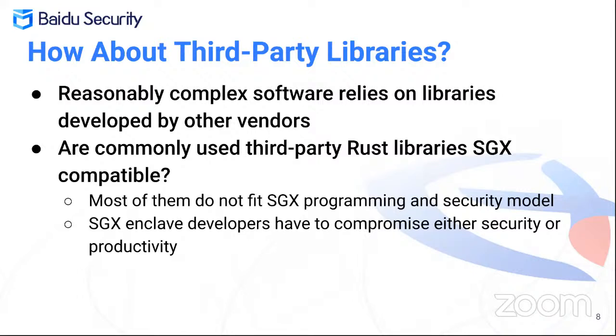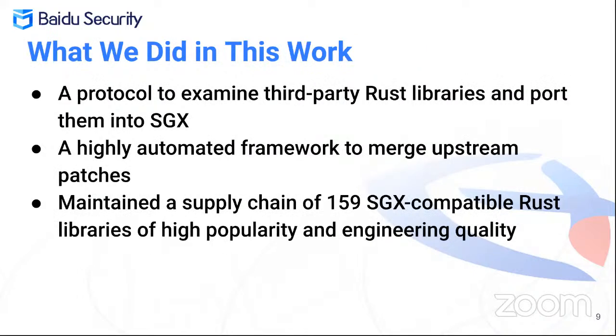Are they compatible with the SGX programming and security models? The answer is unfortunately no. SGX developers have to either import likely insecure third-party code or write everything from scratch. That's a problem we want to solve in this work.